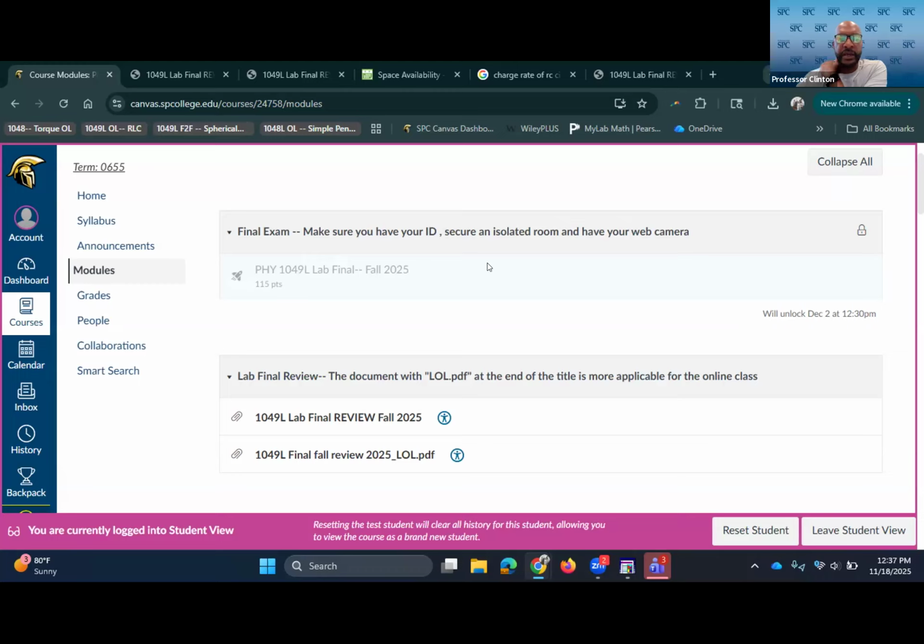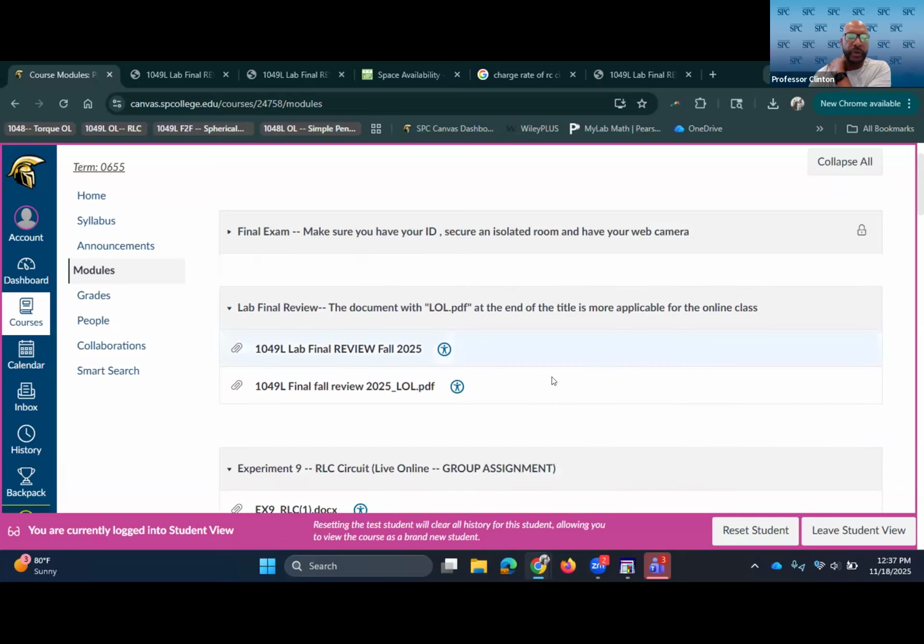I would say at a maximum 2 hours. I would guess that on average the test would take somewhere between an hour and an hour and a half, but I would give myself an extra half hour so you can check, or in case something goes a little haywire. So make sure you have all those things along with your web camera.